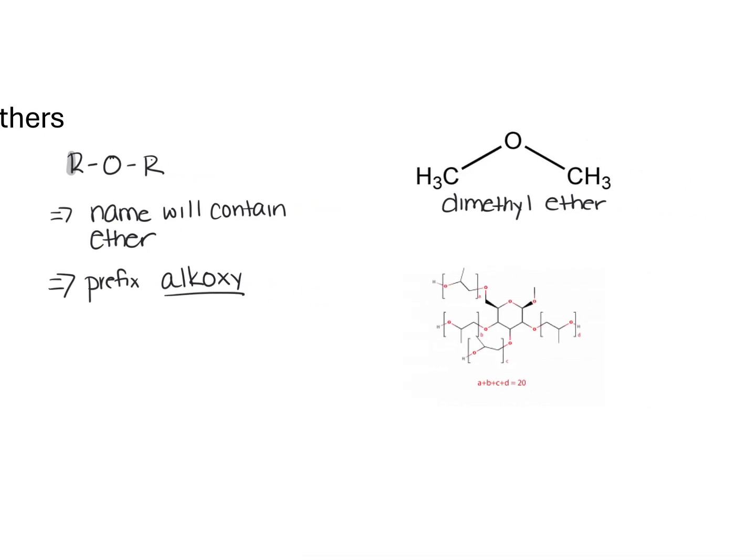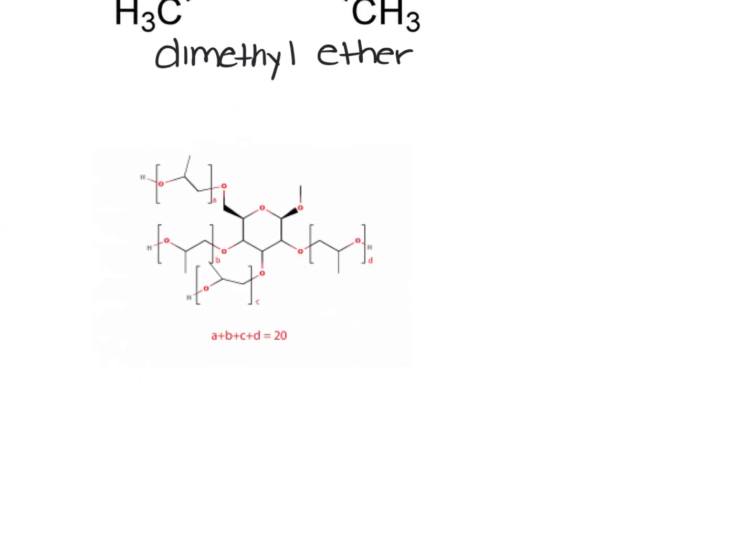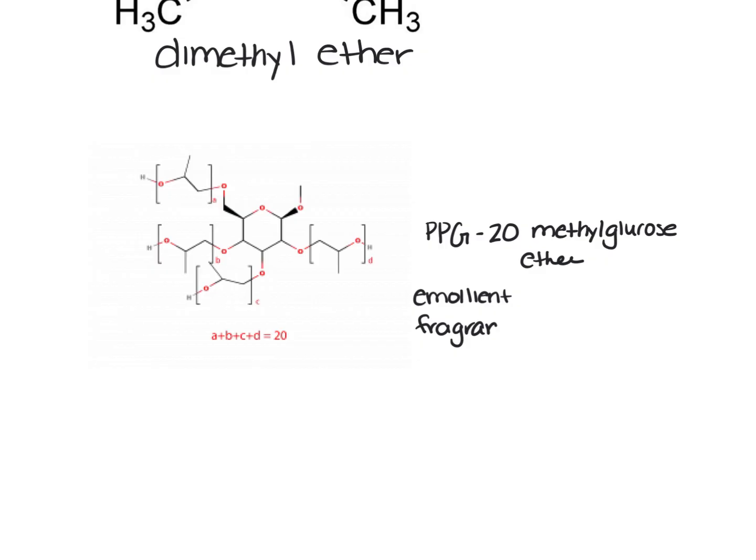One of the ethers that's commonly used in cosmetics is this molecule right here. This is called PPG-20 methyl glucose ether. So this is a molecule that's used as an emollient, a fragrance fixative, and a humectant for hair and skin products.